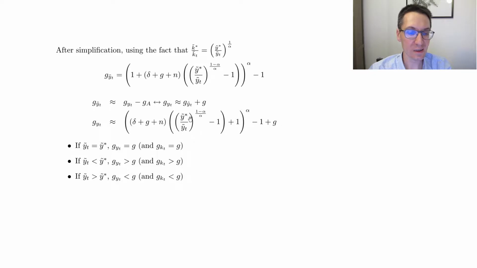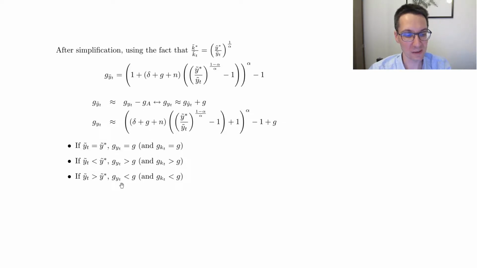And since this y tilde t is at the denominator, then I know that if it's bigger than y tilde star, so for some reason a country has more capital and more output than it should have in the long run in terms of effective worker, then the growth rate will be below g.